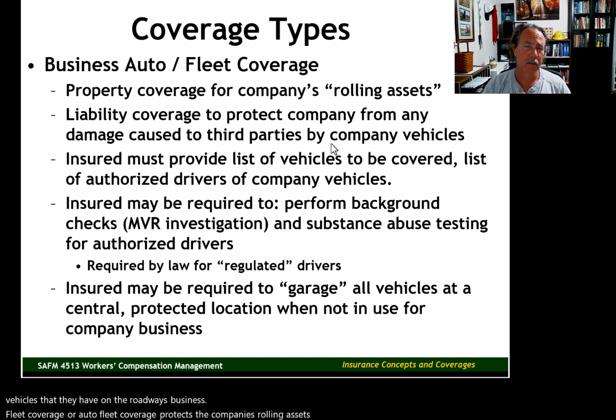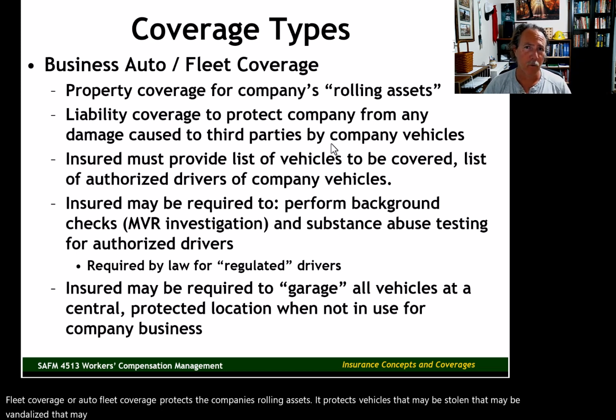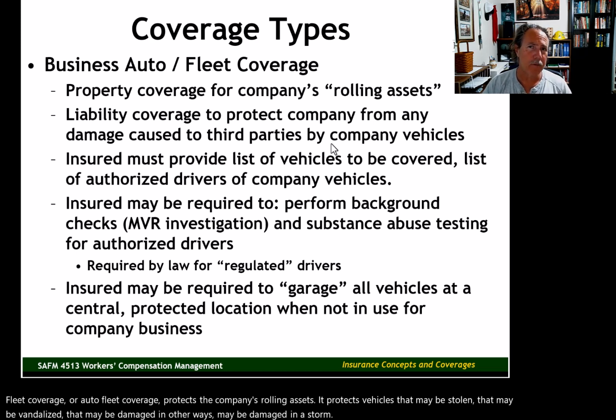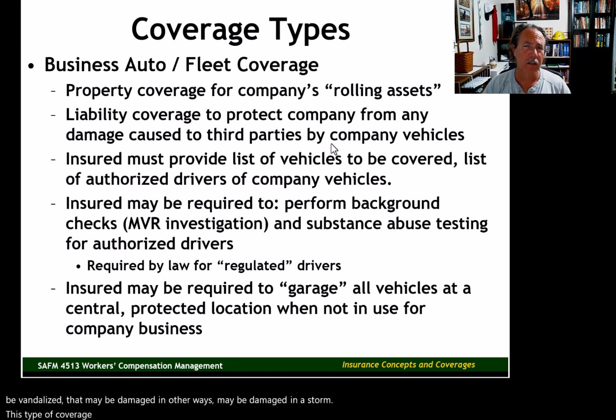It protects vehicles that may be stolen, that may be vandalized, that may be damaged in other ways, may be damaged in a storm. This type of coverage also protects the company from its liability responsibilities when there are accidents involving their vehicles.